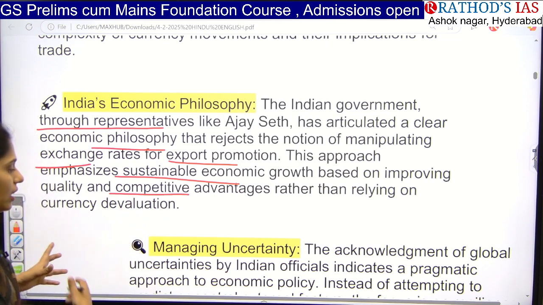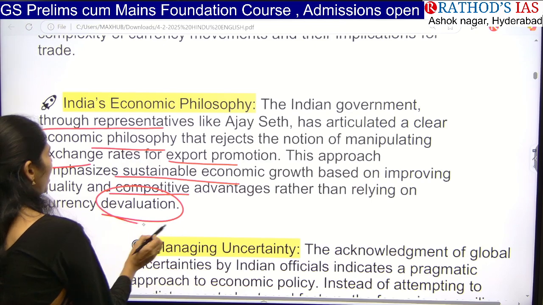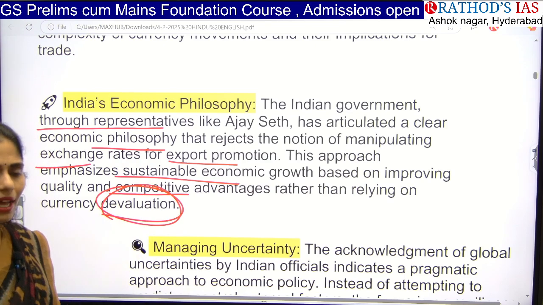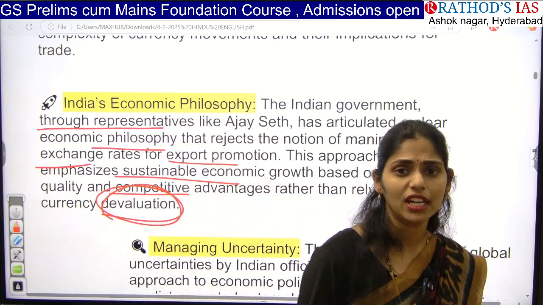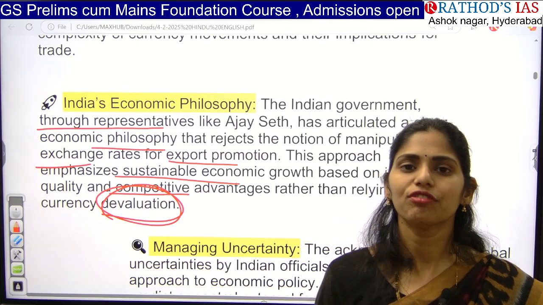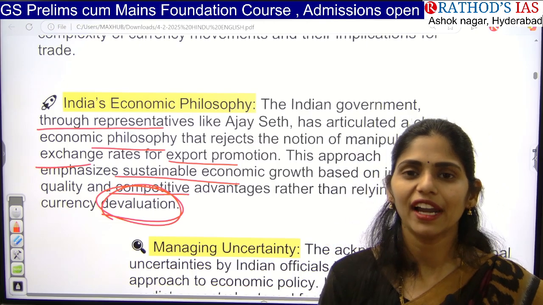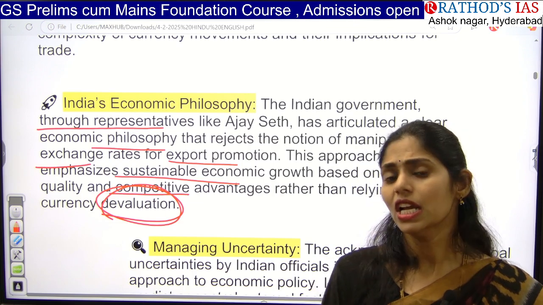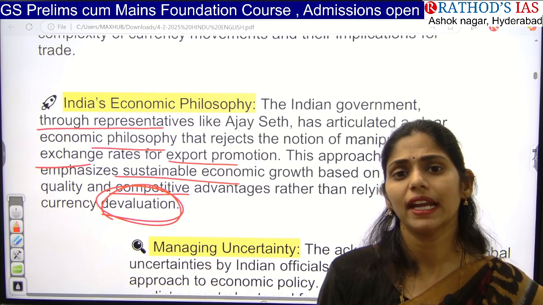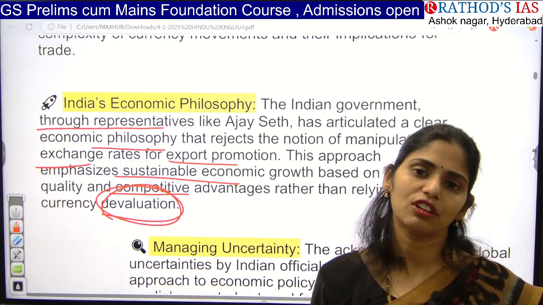So here there is one word called devaluation. I spoke about appreciation and depreciation, but what is the difference between depreciation and devaluation? Whenever market forces decide the value of the rupee against the dollar, that is called depreciation or appreciation. That is entirely based on supply and demand. That is nothing but market forces.